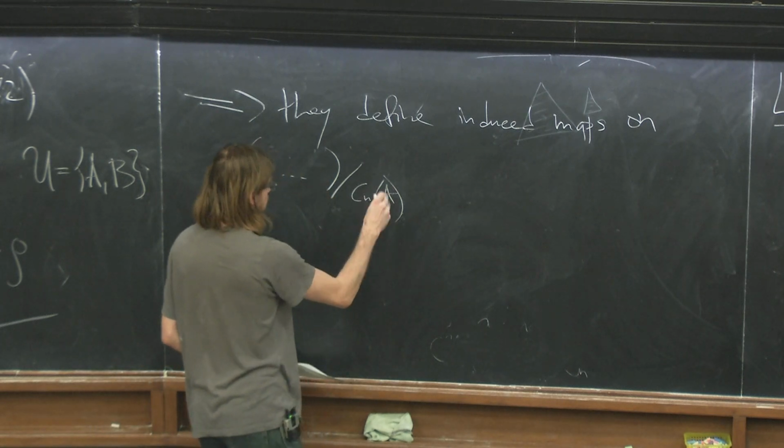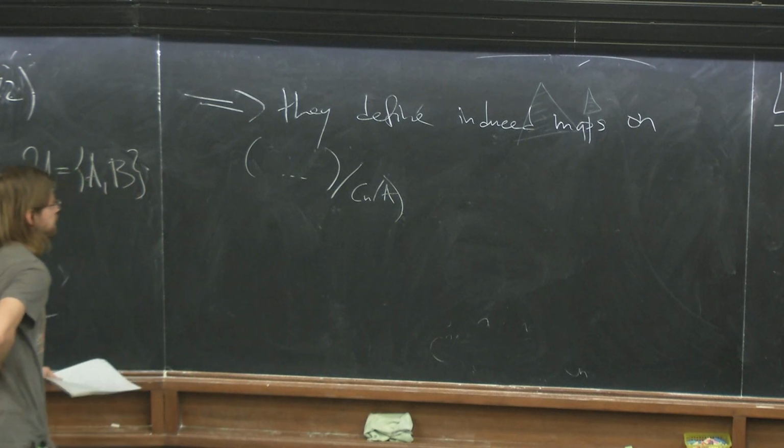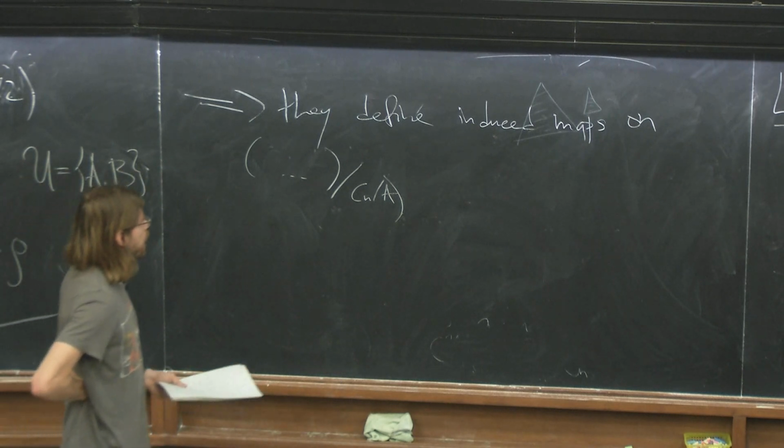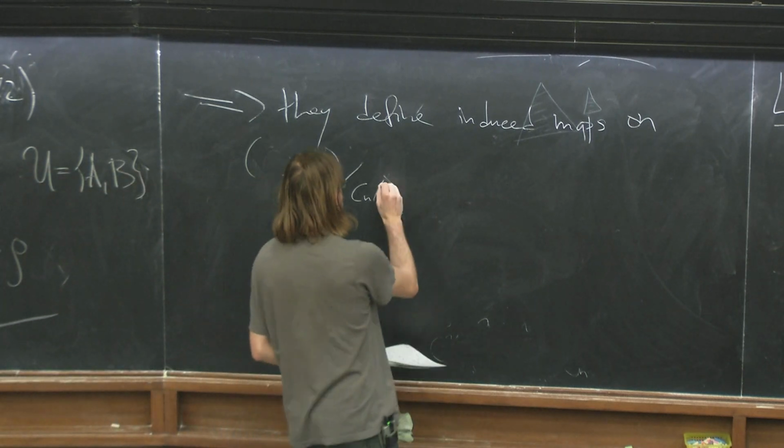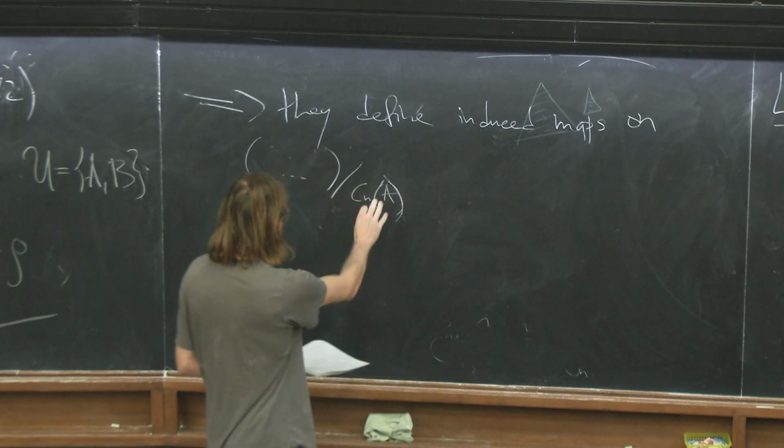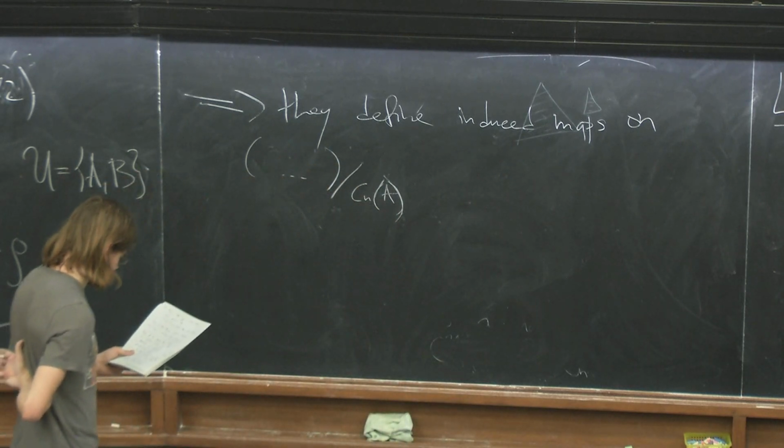Because again, this denominator is a quotient, mapped to a subspace inside, so it's a subgroup inside.